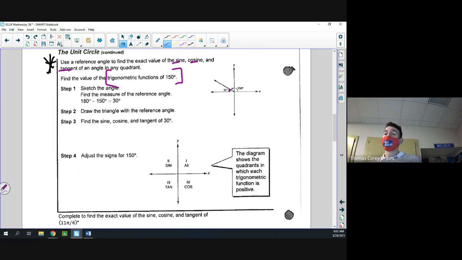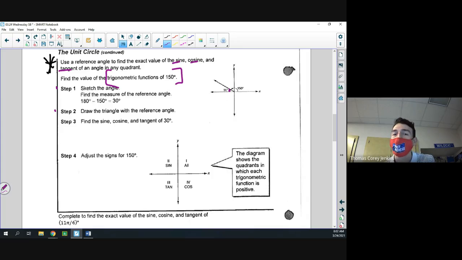So then that means that the trig functions for 150 should correlate with those of 30. The only thing that will be different are the signs of one or more of those functions, or those ratios, I should say. All right, so they've already done step 1, step 2 for us.